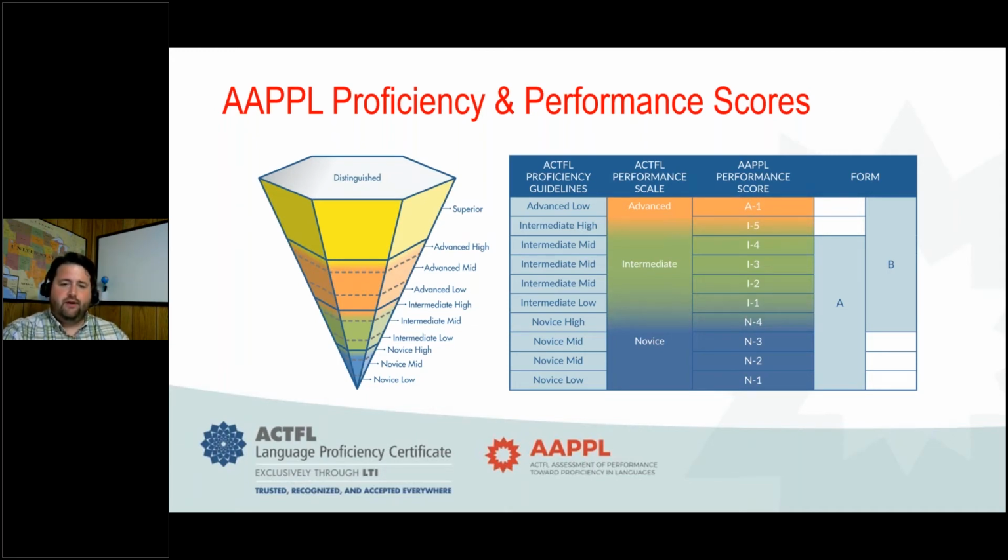I1 is considered intermediate low, and I5 is intermediate high. So in our state, in Iowa, it's I2, but you would want to make sure you either check with your state world language organization or your Department of Ed to confirm what that is for your state.